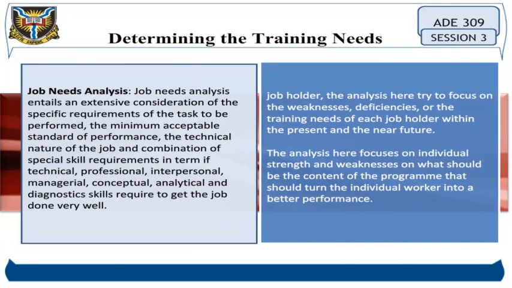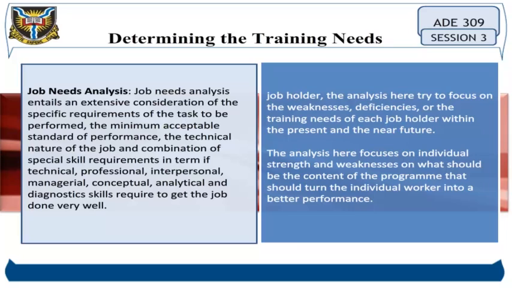2. Job needs analysis. Job needs analysis entails an extensive consideration of the specific requirements of the tasks to be performed, the minimum acceptable standard of performance, the technical nature of the job, and combination of special skill requirements in terms of technical, professional, interpersonal, managerial, conceptual, analytical, and diagnostic skills required to get the job done very well. 3.